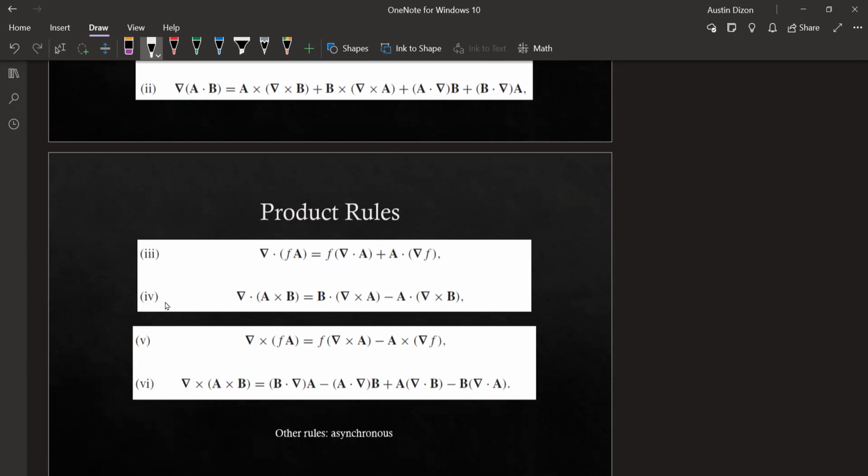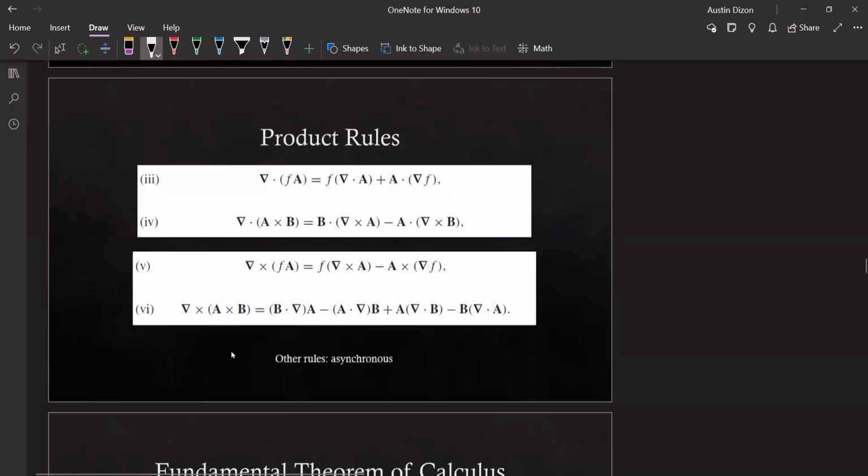And then, meron ulit tayo number 4. Hindi ko na masyado ieexplain, pero useful siya. Okay. Basta ito yung mga product rules na pwede nyo magamit later on with your life.